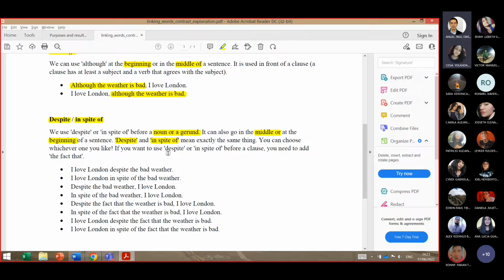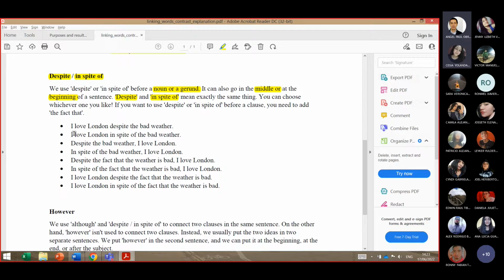If you want to use despite or in spite of, before a clause, you need to add the fact that. Por ejemplo, miren, I love London, ¿sí? Despite the bad weather, ¿sí? Entonces, aquí hay dos cosas, ¿no? Una cosa buena y una cosa mala, ¿no es cierto?